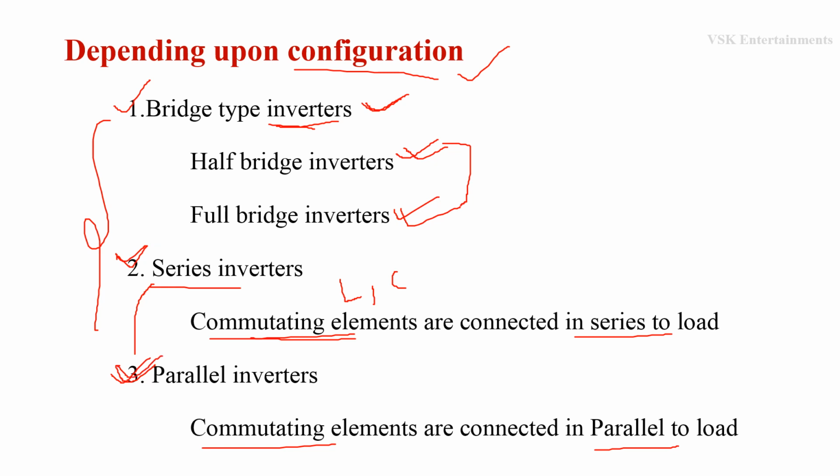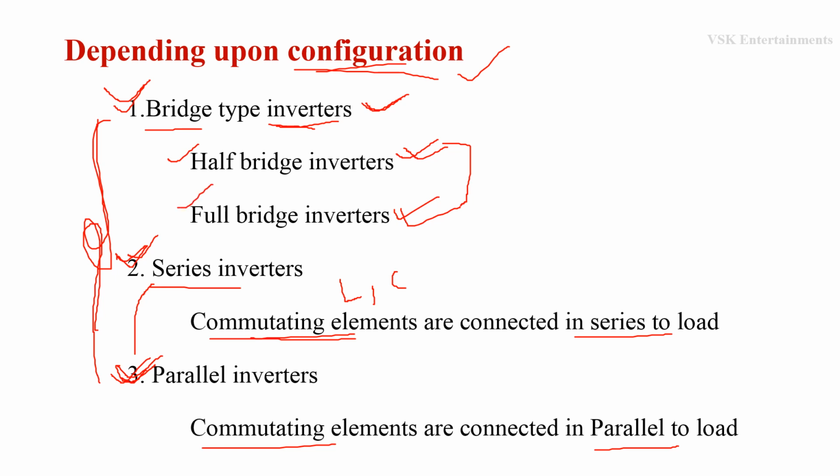These inverters are very important in 5th unit. Depending upon the type of configuration: bridge inverters, series inverters and parallel inverters. In bridge inverters, the SCRs are connected in bridge configuration. Depending upon the number of SCRs, these are classified into half bridge inverters and full bridge inverters.